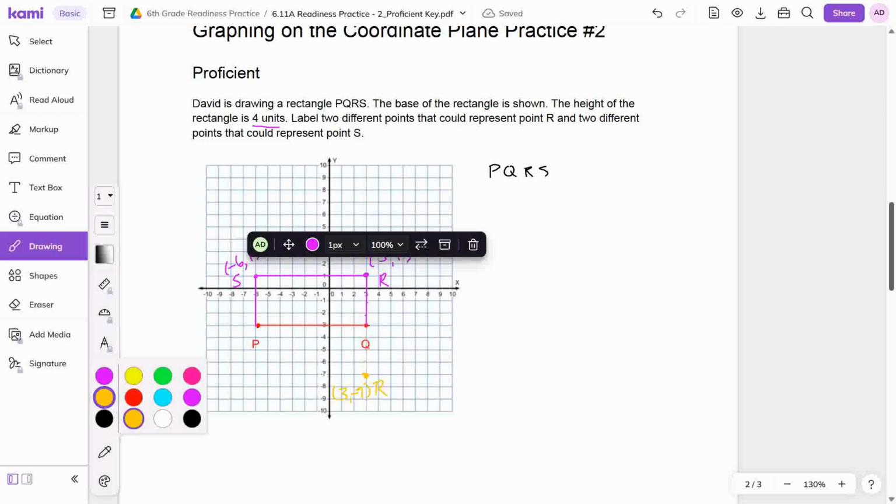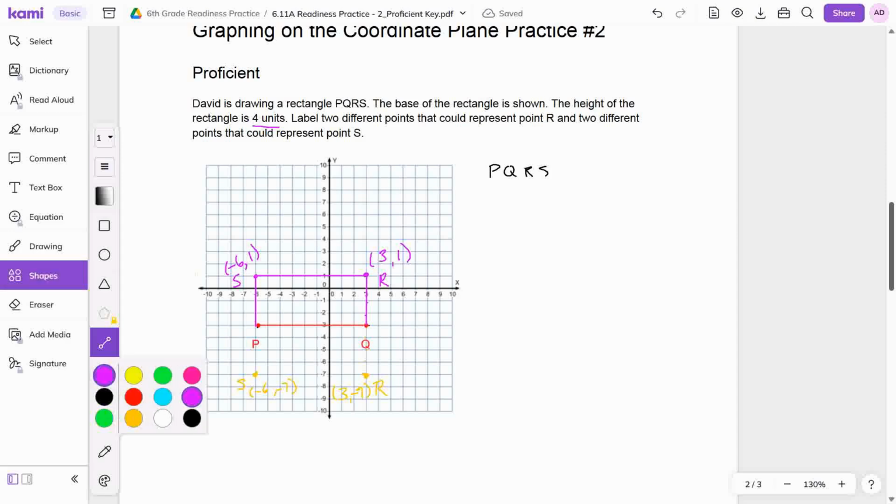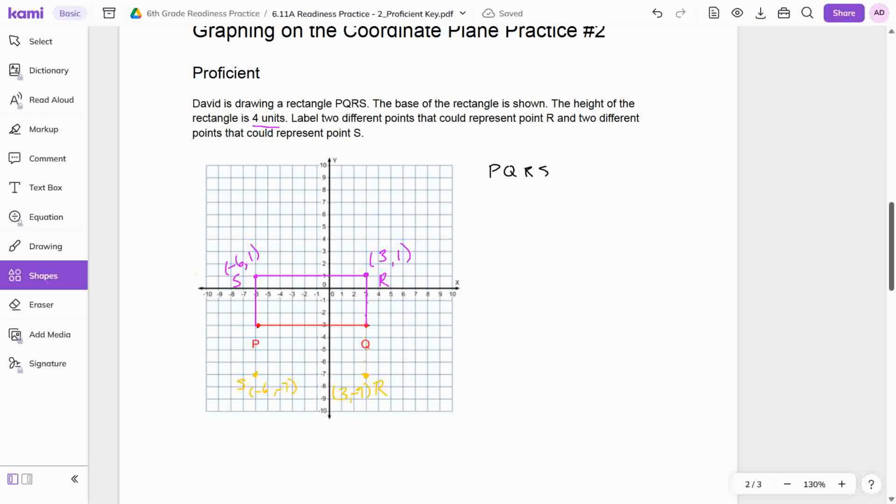Now, since I did that with my R, my other S could be down here. And so that would connect with that P. And that would be a value of -6, but now my y value is -7. And then we could do the same thing. We could connect these with lines.